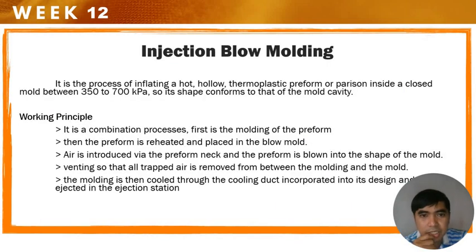So next is injection. Another process for plastic materials is injection blow molding. It is the process of inflating a hot hollow thermoplastic preform or parison inside a closed mold. So this process is about blowing heated plastic material to gain the desired dimensions.